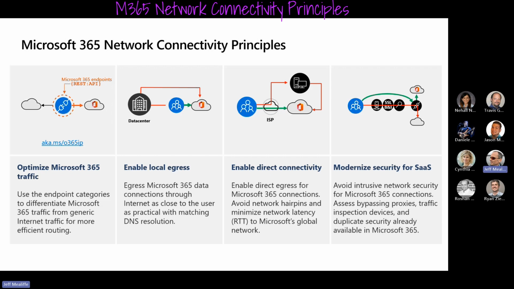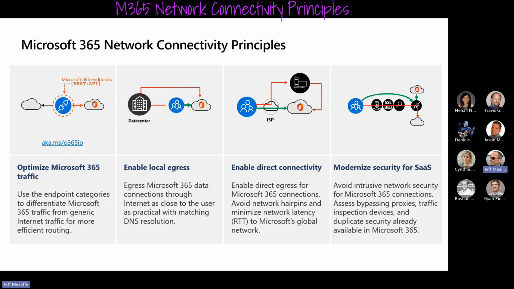The third principle is around direct connectivity, and this is about avoiding what we refer to as network hairpins. So if we're not doing direct and local egress, there are scenarios where we see customers adding sort of unnatural directionality to traffic.